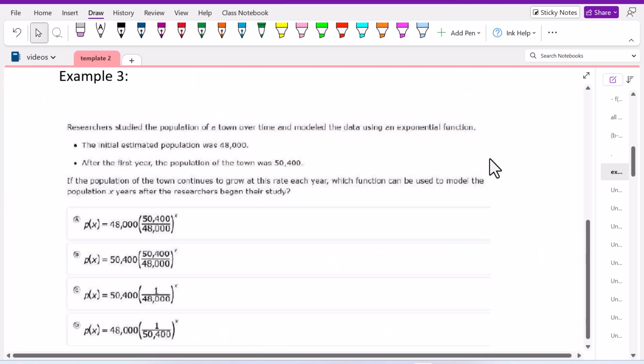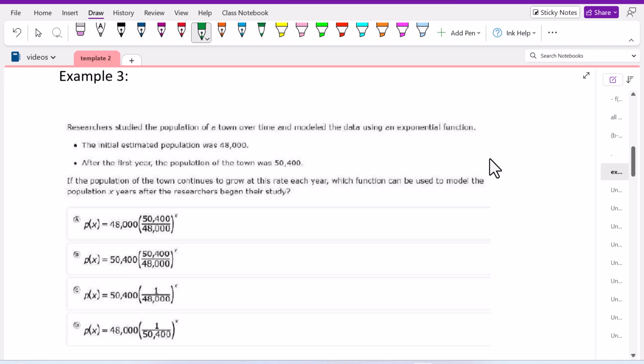Let's go to example 3. Researchers studied the population of a town over time and modeled the data using an exponential function. The initial estimated population was 48,000.